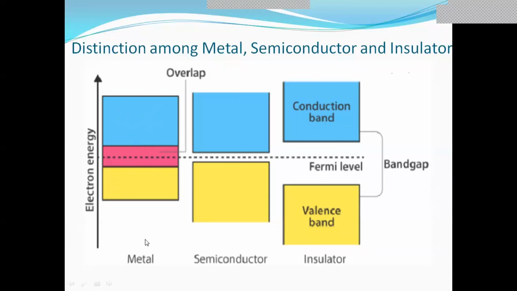Since this is a good conductor of electricity, here you can see the pink colored region. This pink color is formed due to the overlappment of yellow and blue. That is overlappment of valence band and conduction band. Therefore, since overlapping of the two bands is possible here, electrons can easily flow from valence band to conduction band and allows electricity to pass through it.